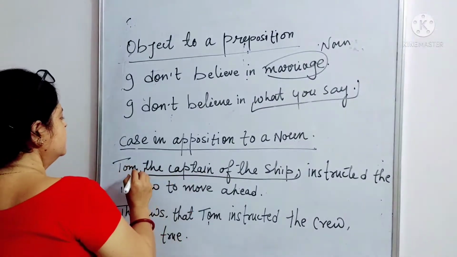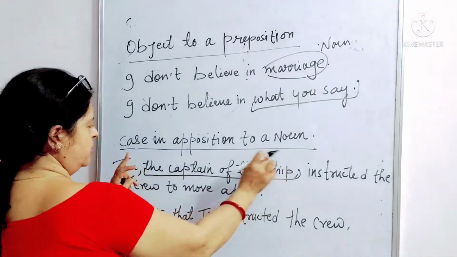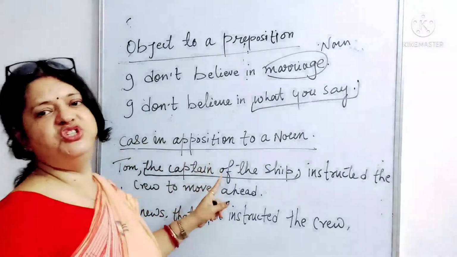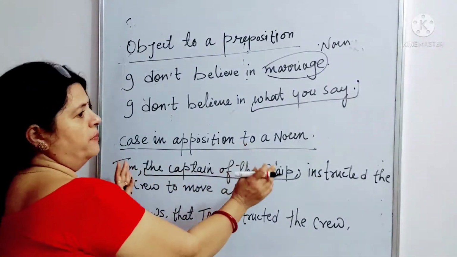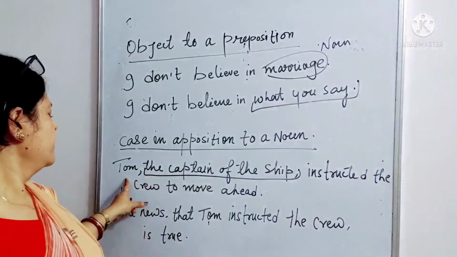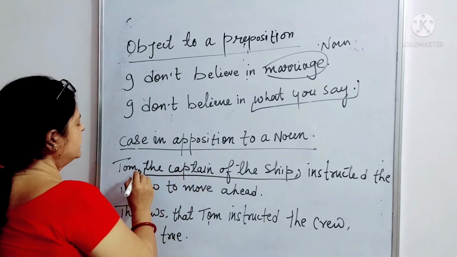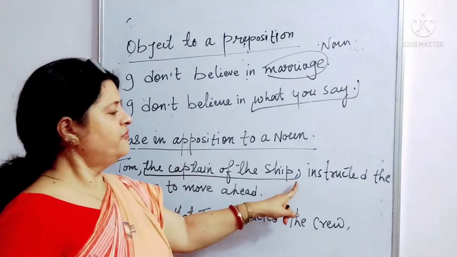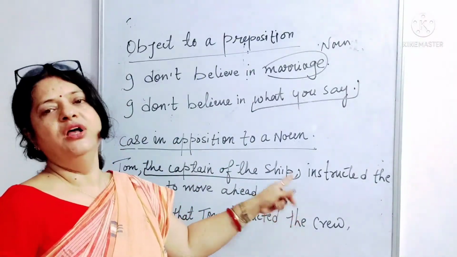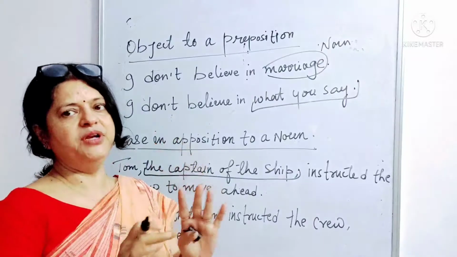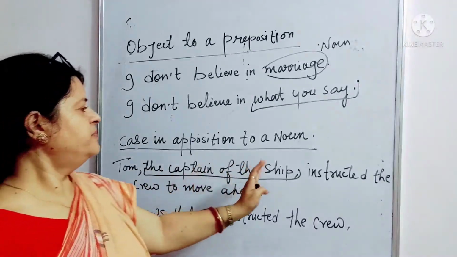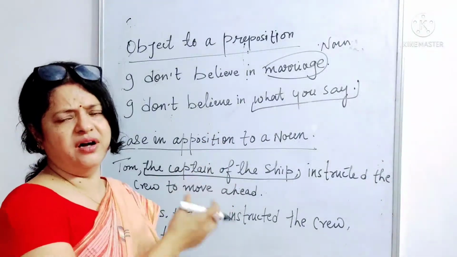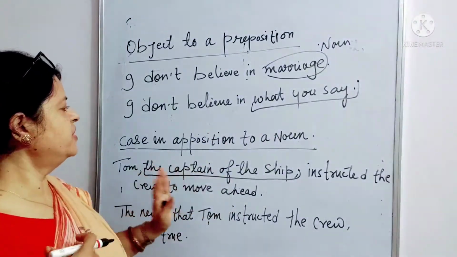So that is why this phrase is describing Tom, and it has come just after it to be the apposition of Tom. So what we have done is, after this noun Tom we have put a comma, and after this phrase also we have put a comma. So an apposition should be kept in commas. Tom, the captain of the ship, instructed the crew to move ahead. This is a simple sentence showing the relation of the noun.